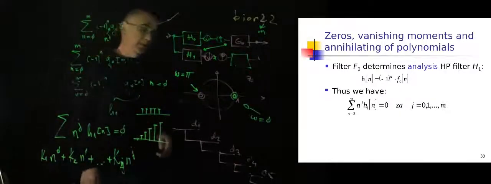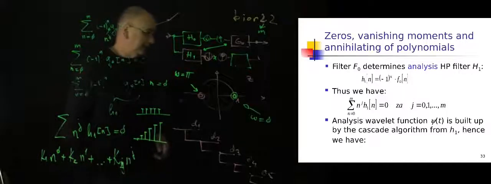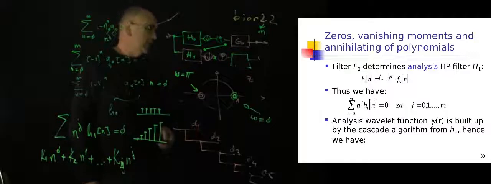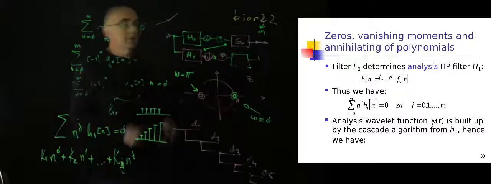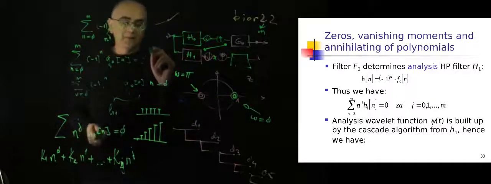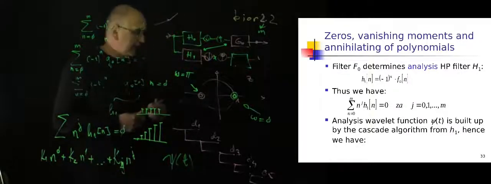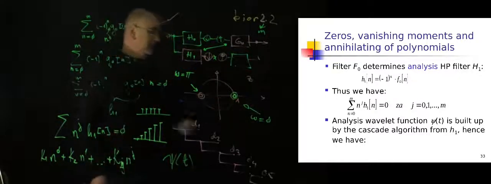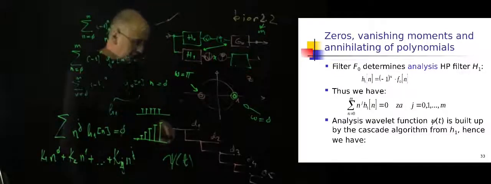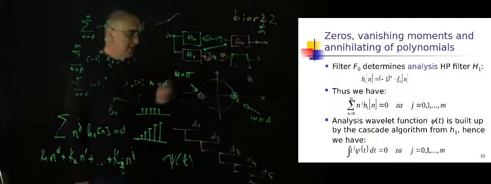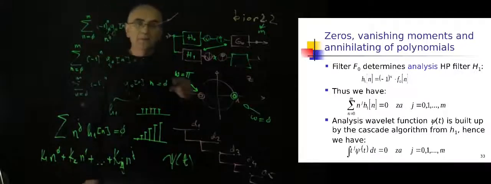If we were talking about the continuous wavelet function, in that case we can write down the integral expression that looks like this. It's called a moment of a function.